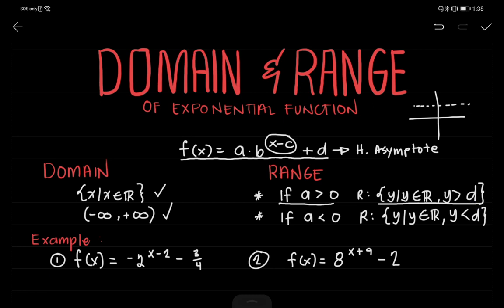If the value naman ng ating a is less than 0, so ang ating range naman is a set of all real number such that y is less than d. Okay? So titingnan lang natin yung a doon sa ating given exponential function.